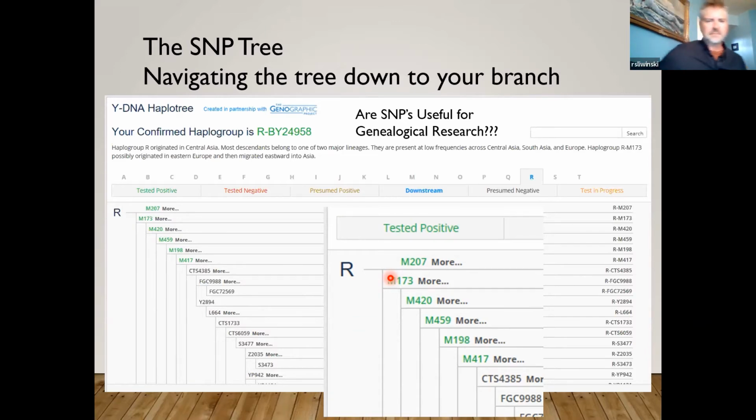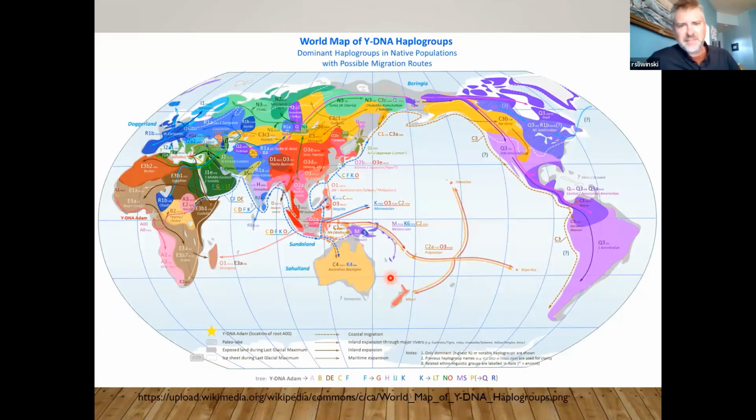Okay, I've talked a little bit about haplogroups, and this looks like a very crazy map, but what it is is a map that generalizes the locations where certain male genetic groups are found globally.